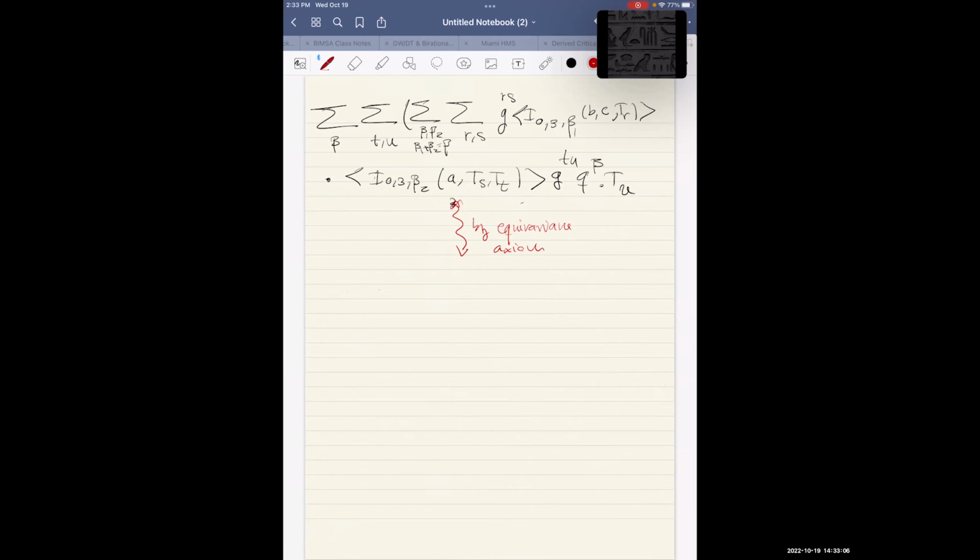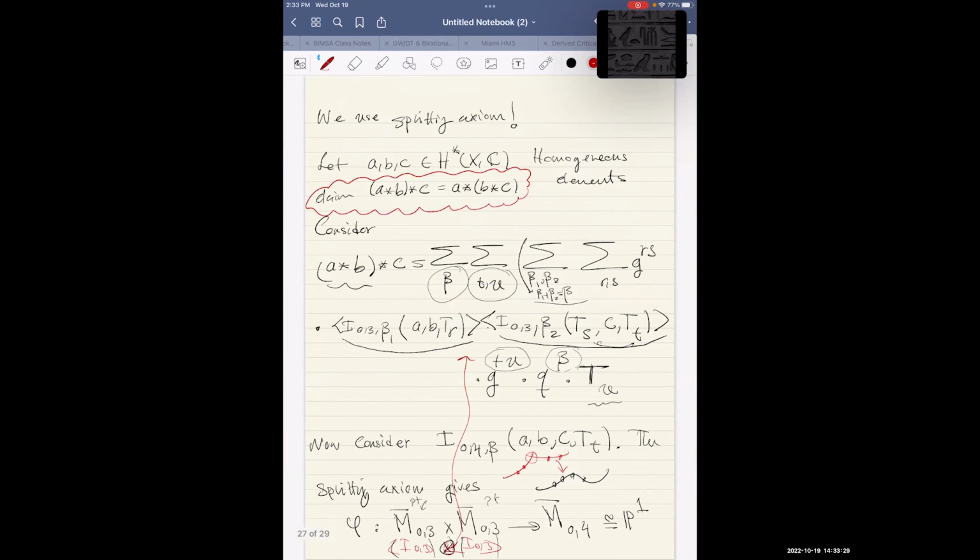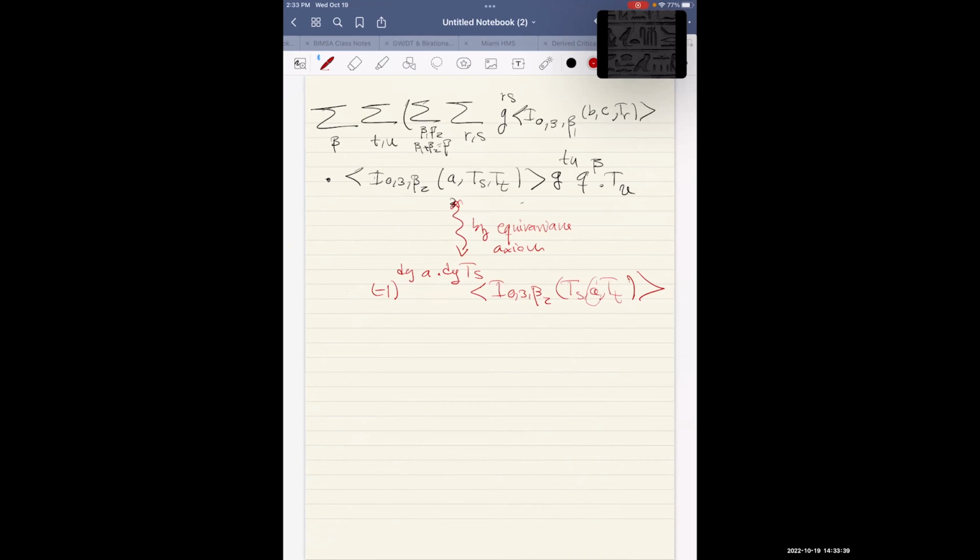This is the same as (-1) to the degree of A times degree of T_S. I want to shuffle them around. So I03 beta 2 T_S A T of T. Okay, let me see, am I doing this exactly? You see this, guys? This C appears there. I'm moving this over there, okay?